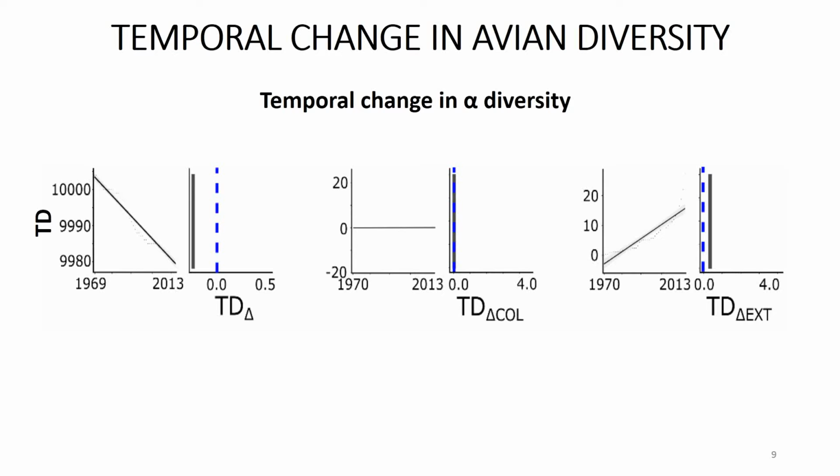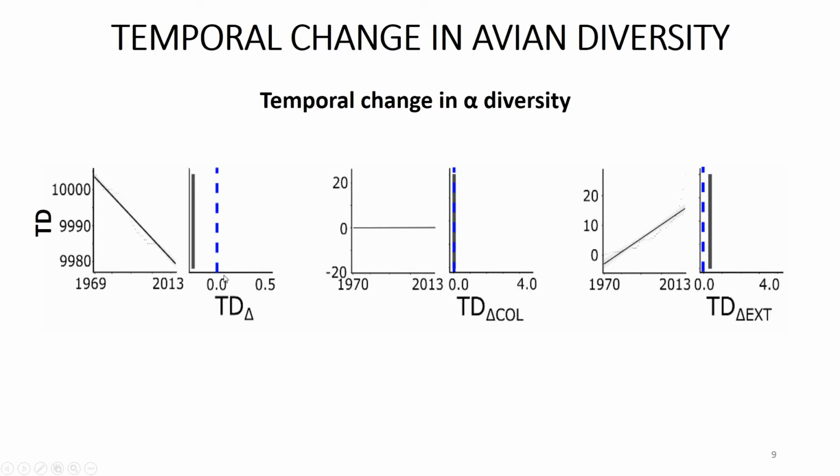To evaluate the temporal change in diversity, they calculated the taxonomic diversity for every year, and the change in taxonomic diversity is defined as the slope of the long-term relationship between taxonomic diversity and time. As you see here, if the slope equals 0, it means there is no change in taxonomic diversity.